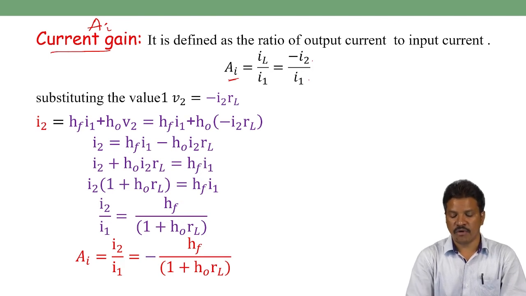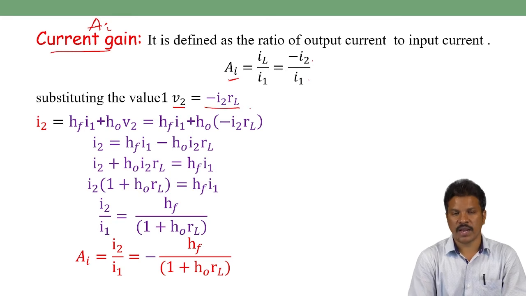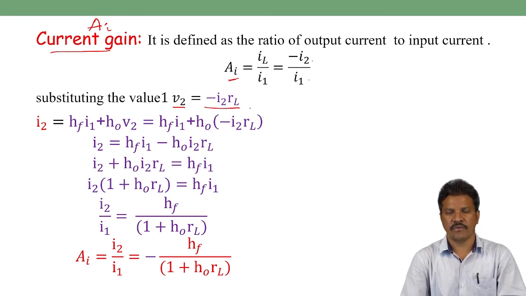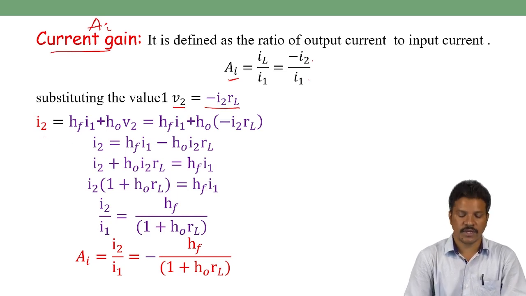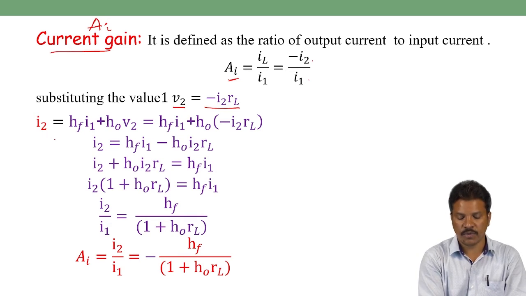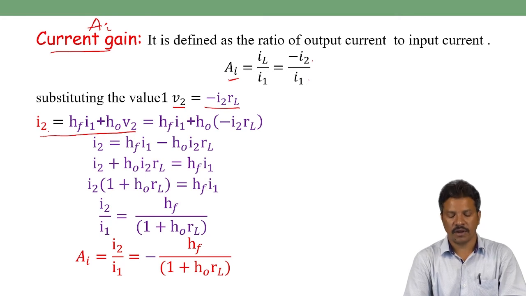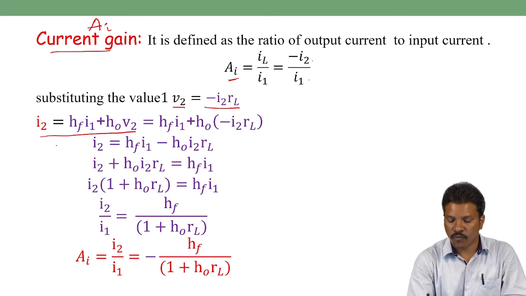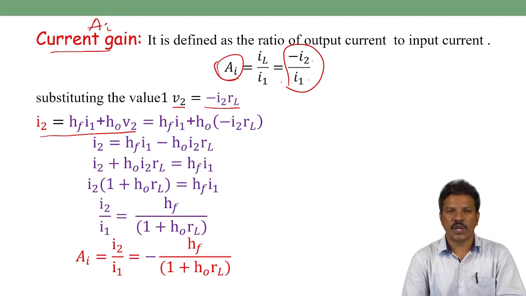Now substituting the value of V2 is equal to minus I2 into RL, the voltage drop across the load resistor, into the two-port network second equation. What is the two-port network second equation? It says that I2 is equal to HF I1 plus H0 V2. Consider we want to determine the current gain in terms of two parameters, I2 and I1.